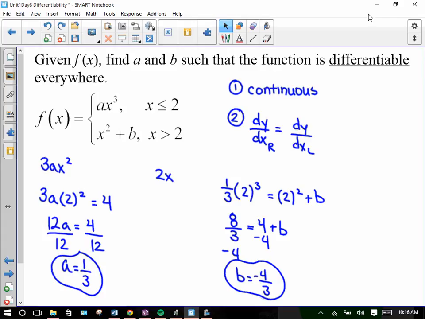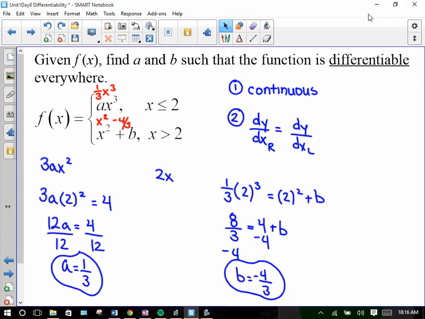Wait, what did you say about B after you say -4? So B is -4/3. So if A is 1/3, what this would really be is 1/3 x cubed and x squared minus 4/3. Okay, why is it negative? Why is this negative? 8/3 minus 4 is a -4/3.